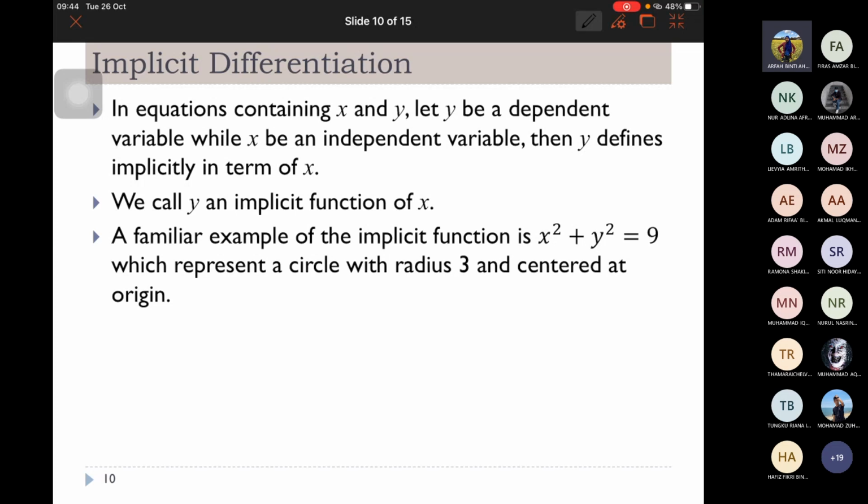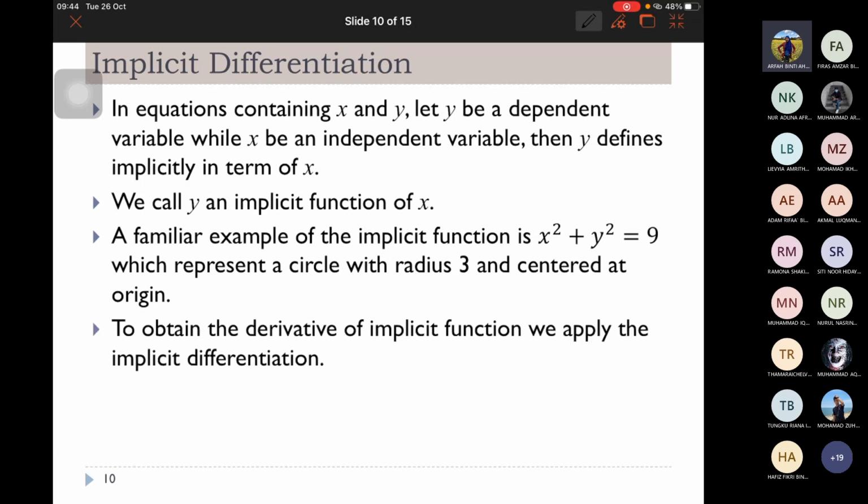X squared tambah y squared sama dengan 9, which represent a circle with radius 3 and centered at origin. Okay. So to obtain the derivative of implicit function, we will apply the implicit differentiation technique.